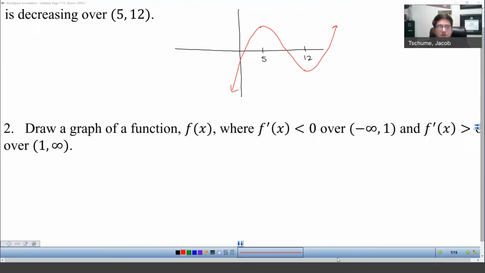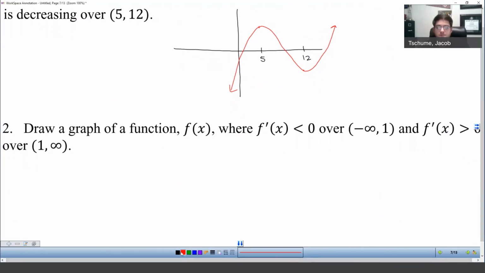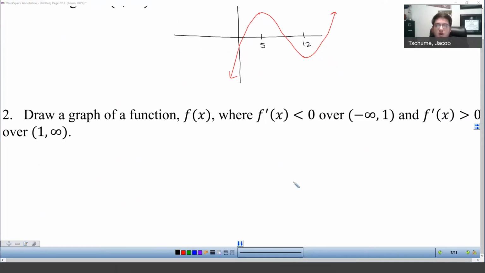Now, where you've got to be careful on your homework is where I'll mix definitions in. What if I wrote something like: draw a graph of a function where f prime of x is less than 0 on negative infinity to 1, and f prime of x is greater than 0 over the interval 1 to infinity. Drawing my x and y axis here again, I notice the only number in the intervals besides the infinities is the number 1.